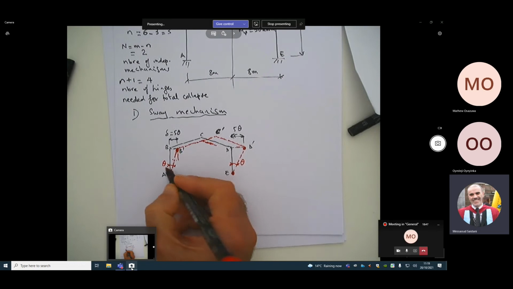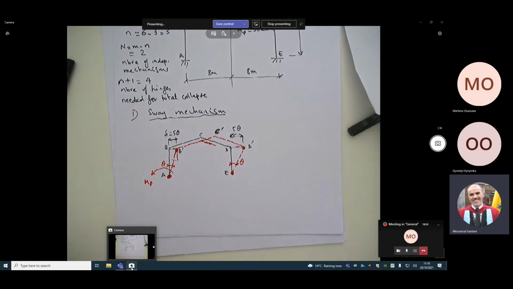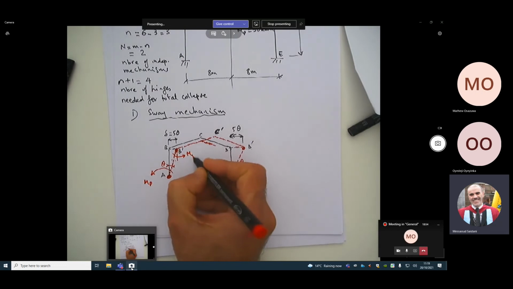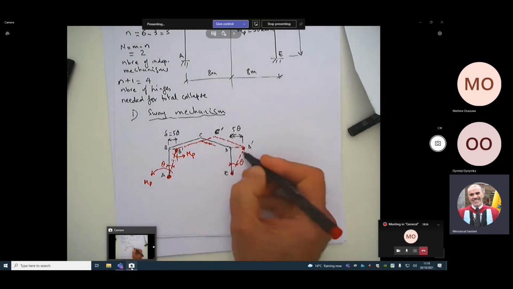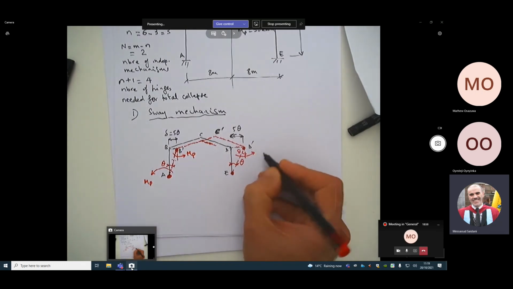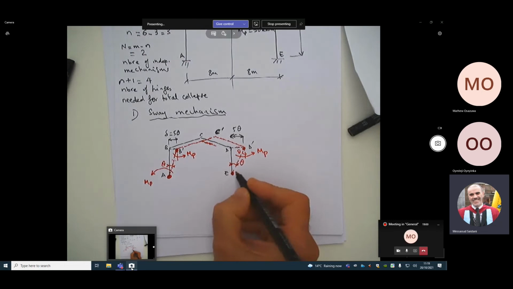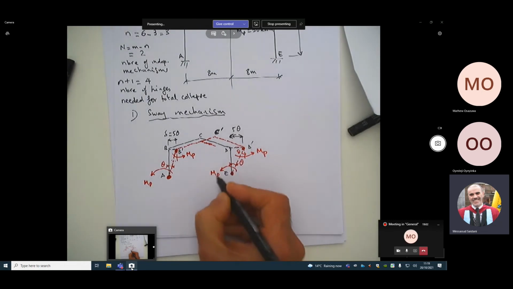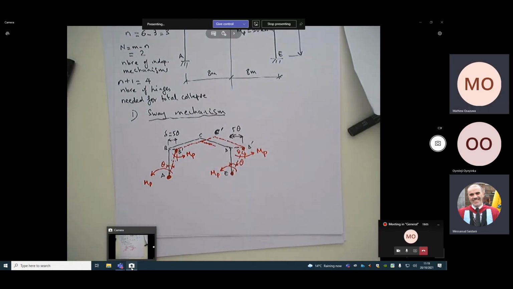So we have MP there. That's the direction of the moment, MP. Then at A we have MP. At B, sorry, we have MP. Then at D we have theta here, and the moment is MP. And finally we have MP there. It's always against the rotation.